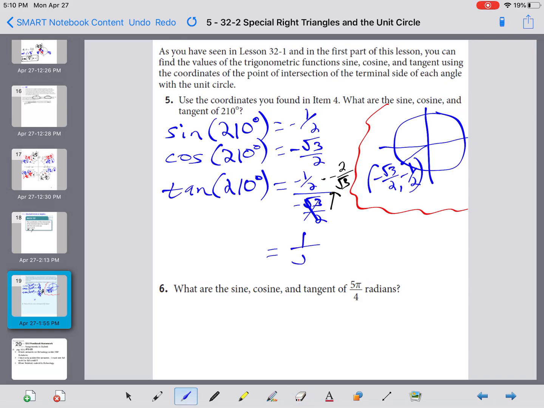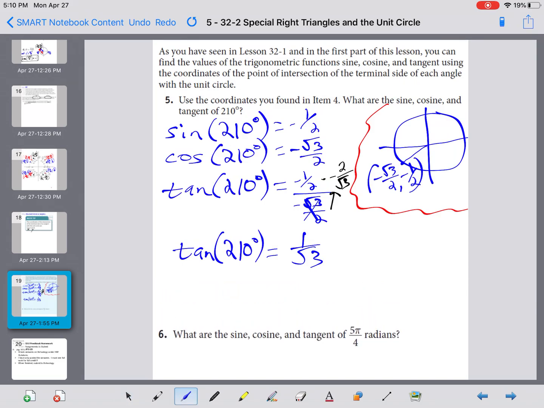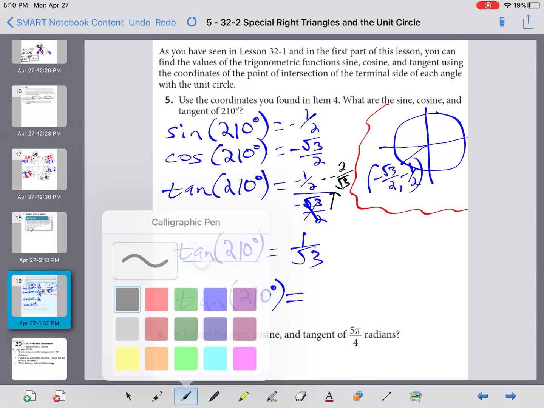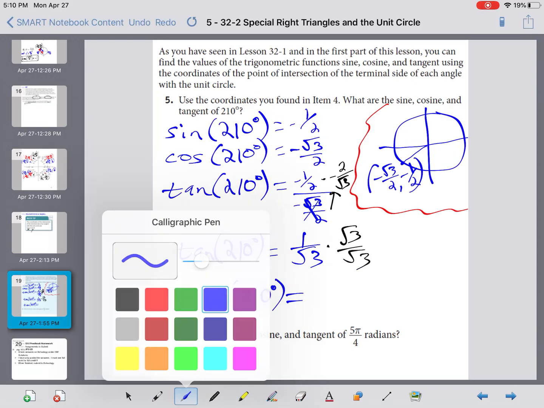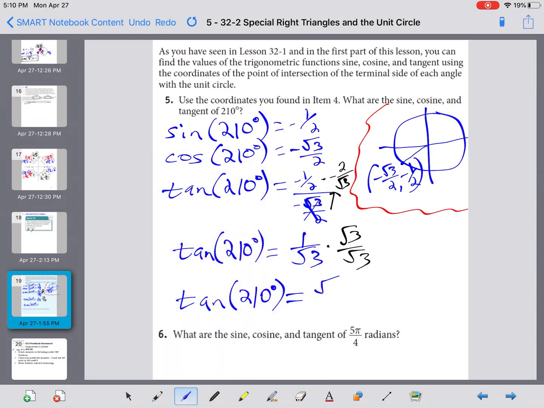I get 1 over root 3, which I have to simplify by rationalizing. So multiply by root 3 over root 3, and you get the tangent of 210 degrees to be root 3 over 3.